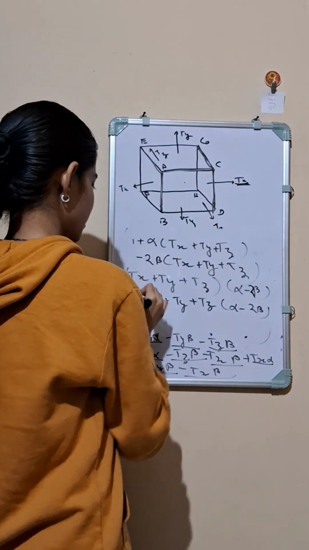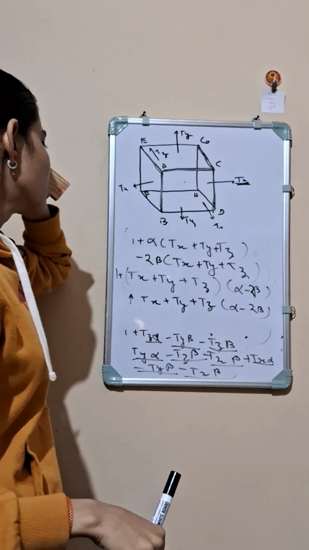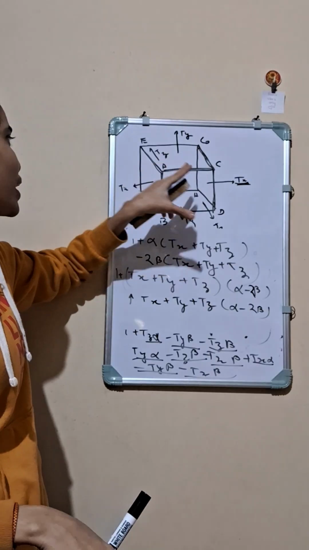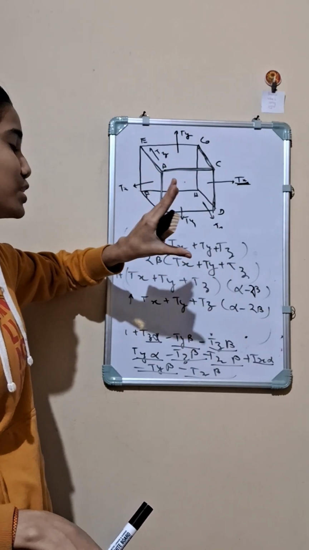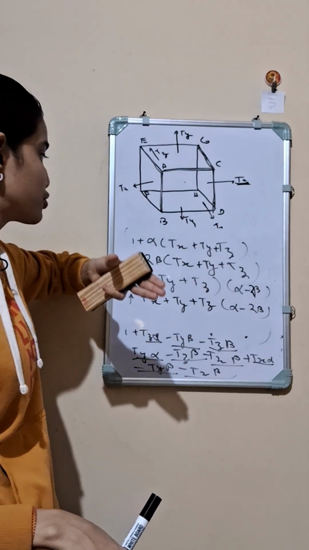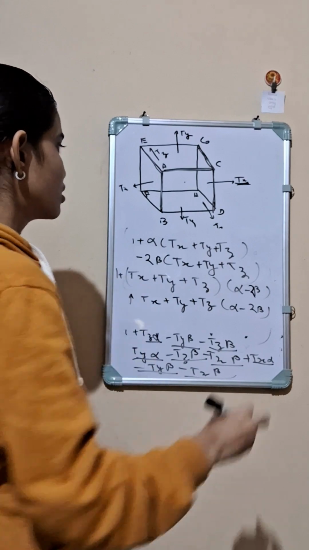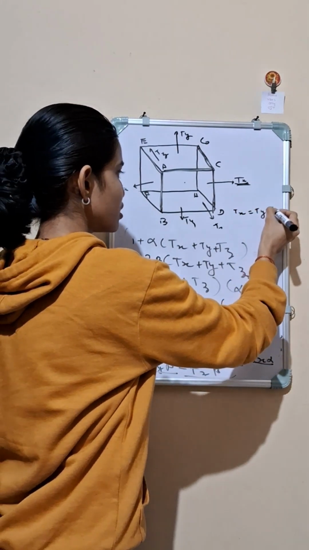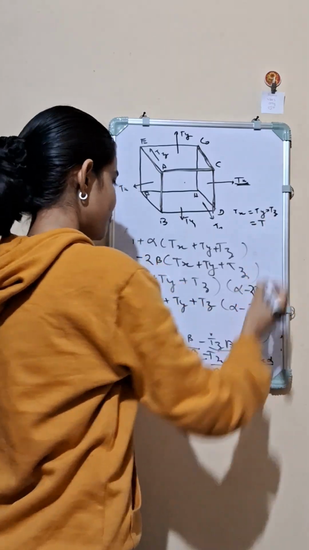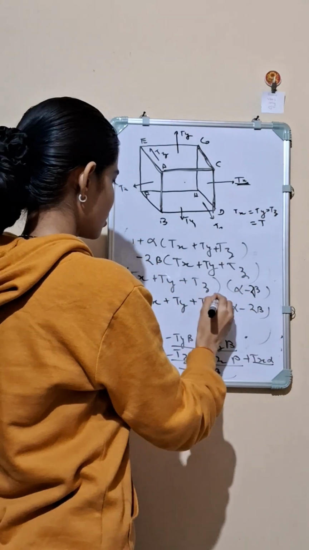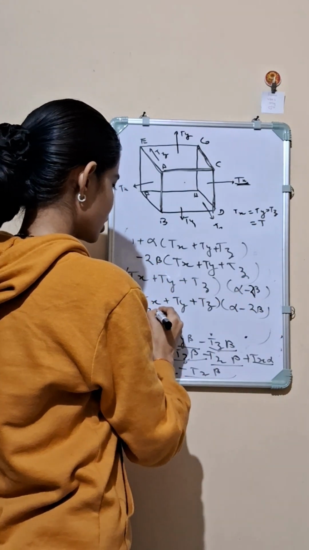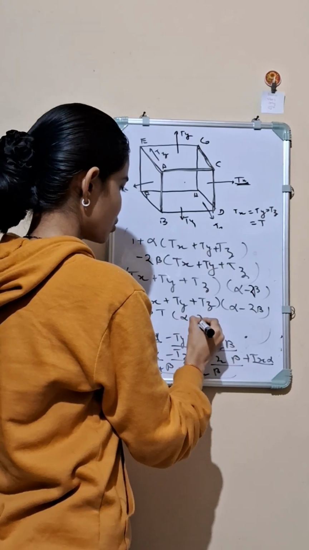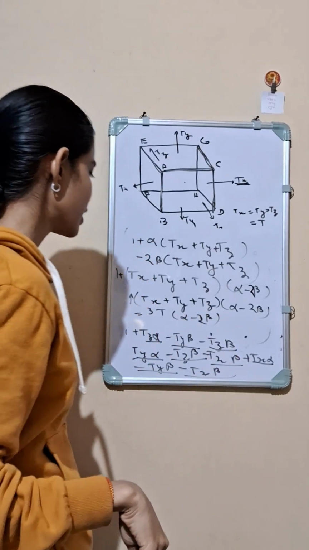Now if the Tx, Ty, Tz forces are equal, let us suppose Tx equals Ty equals Tz equals T, then we can say that this is equal to 3T into (alpha minus 2 beta), right?